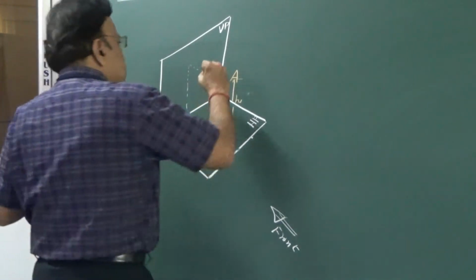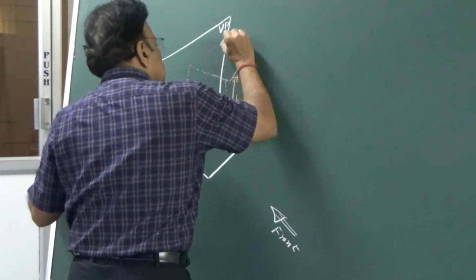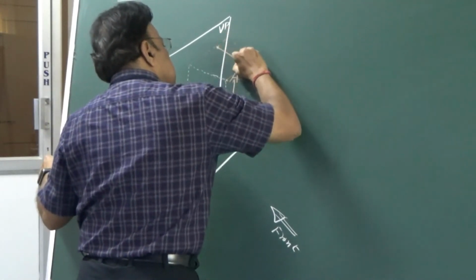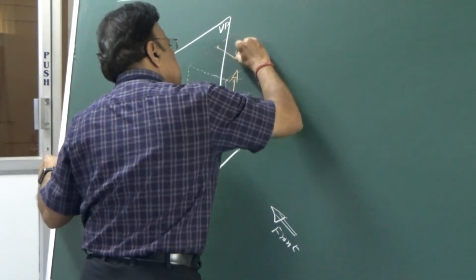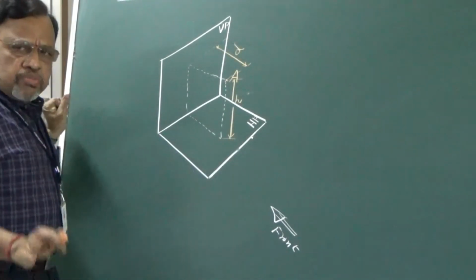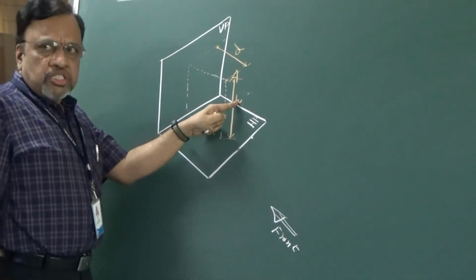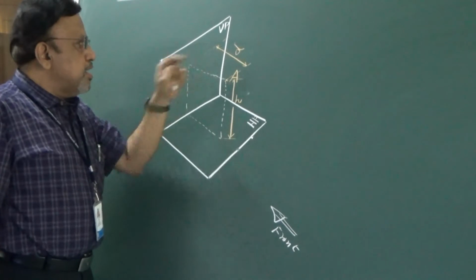How much is it in front of VP? That also I can indicate here. Let me say that this particular distance is indicated as d. Always remember, as a convention, I will take h distance with reference to HP and d distance with reference to VP.